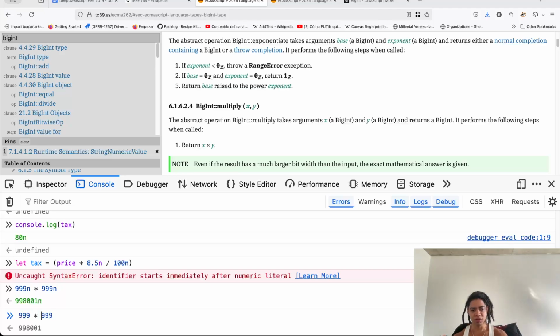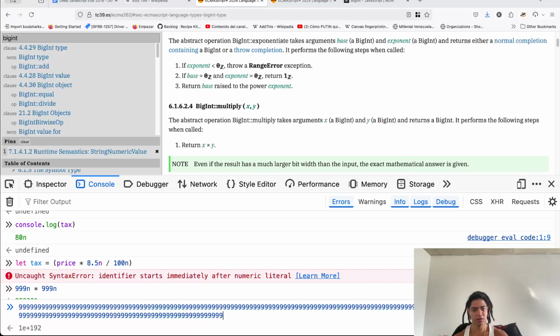But again, because this number has a finite representation, okay, 3, 6, 12, 24, 48, 96, 92.